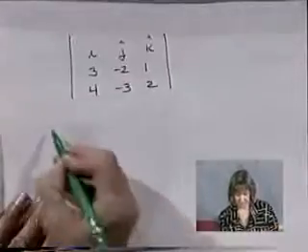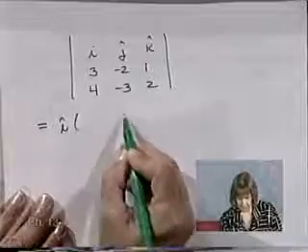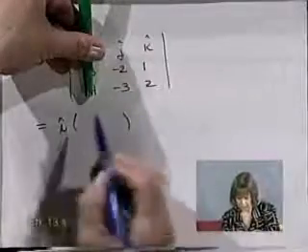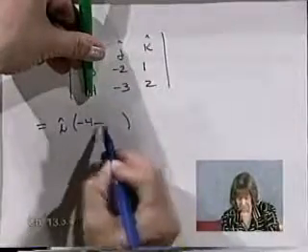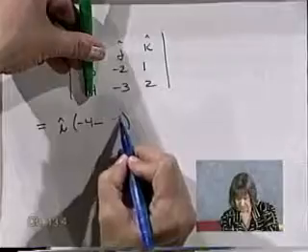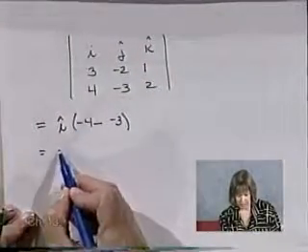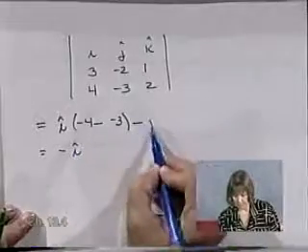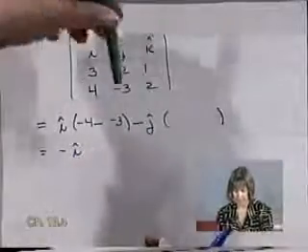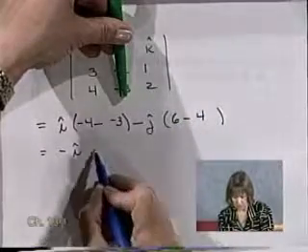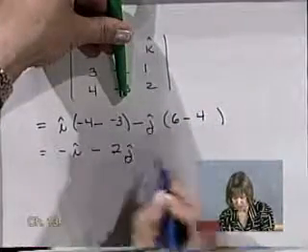So we're fine. So this is going to equal i times, eliminate the column that i's in, so we have a negative 2 times 2, which is a negative 4, minus negative 3 times 1, which is a negative 3. So we have negative 4 plus 3, minus i. Minus j times, eliminate the column j's in, so we have 3 times 2 is 6, minus 4 times 1 is 4, so we have minus 2j.